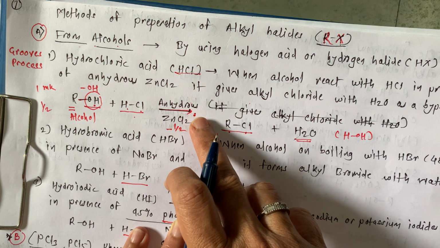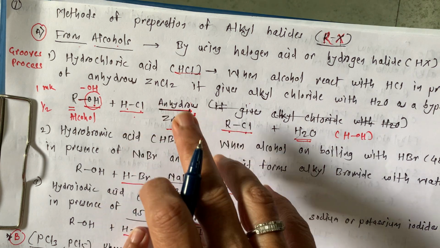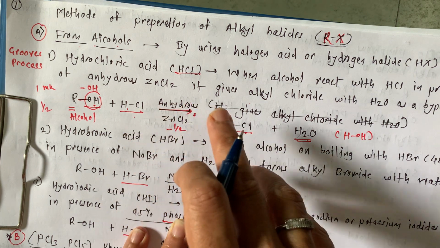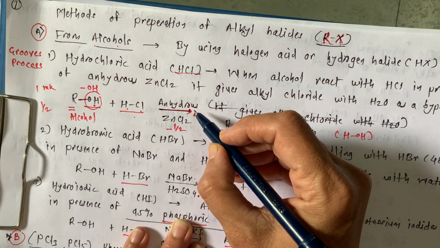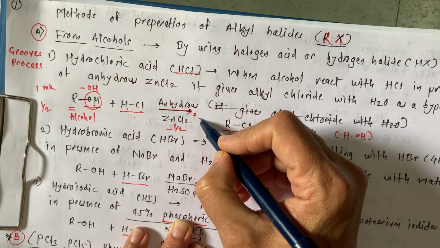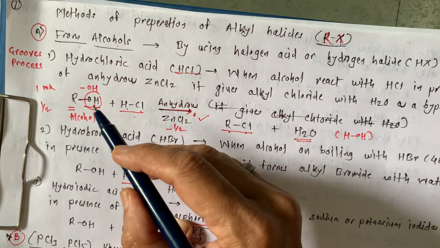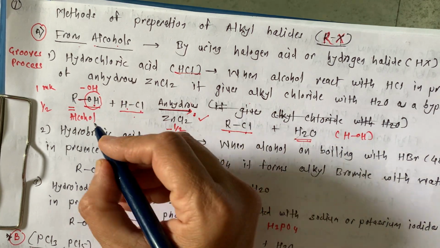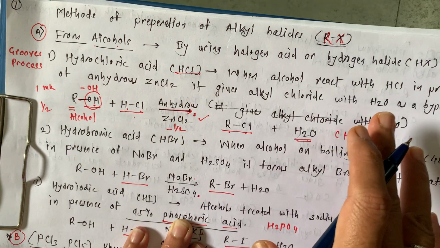There is no need to use anhydrous zinc chloride. So based upon which type of alcohol is present, you have to use the reagent. For primary and secondary alcohol, use anhydrous zinc chloride. For tertiary, only concentrated hydrochloric acid is sufficient.